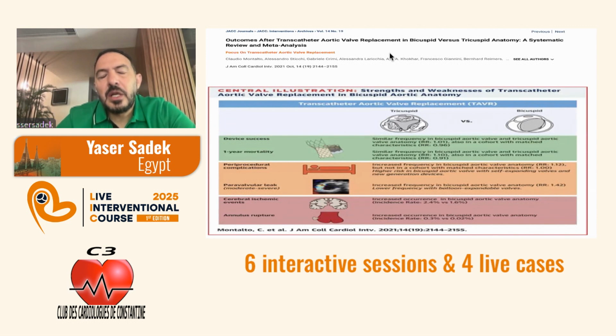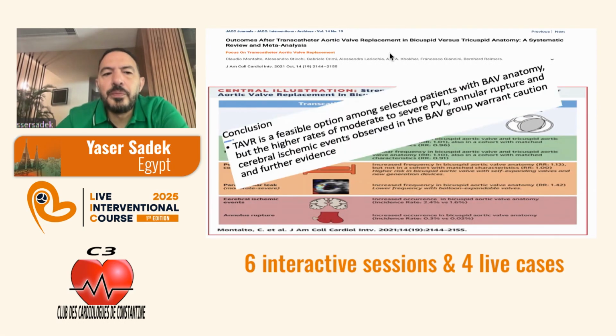And there are a lot of papers and publications discussing the difference between bicuspid and tricuspid aortic valve, and all favor avoiding TAVR in bicuspid aortic valve when it is combined with aortopathy or aortic aneurysm.